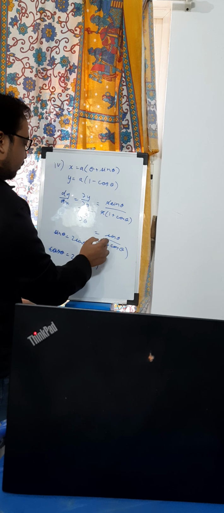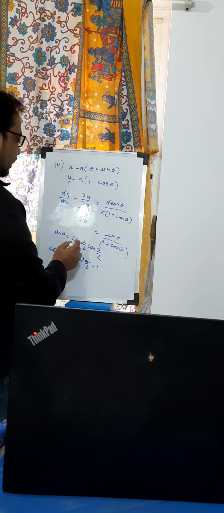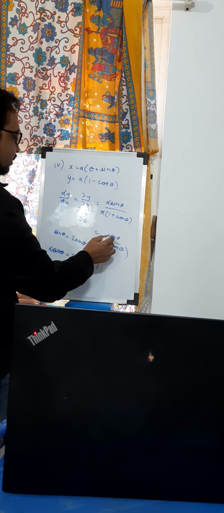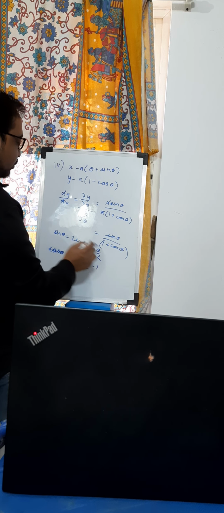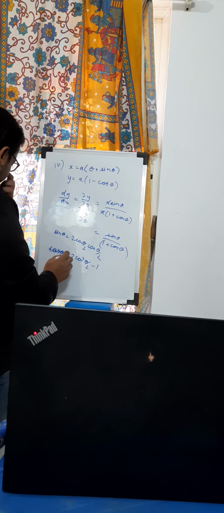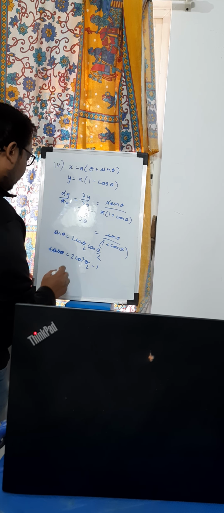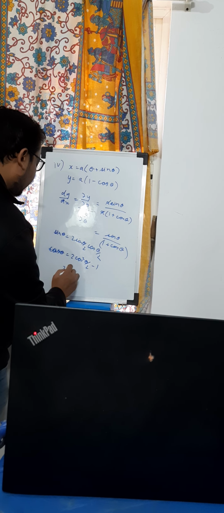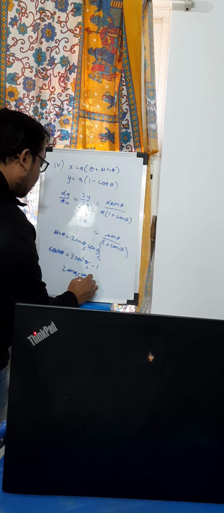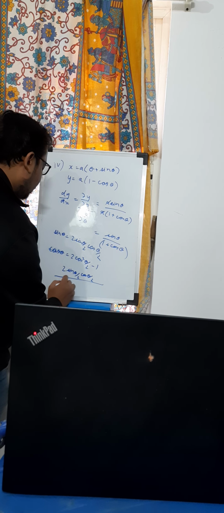So 1 and 1 will get cancelled. And then here, instead of sin theta, they have substituted 2 sin theta cos theta. I'm just writing it down here: 2 sin theta by 2 cos theta by 2, upon 2 cos square theta by 2.